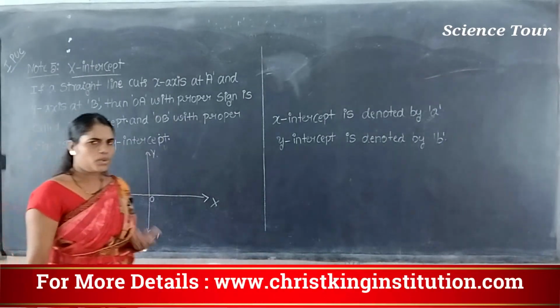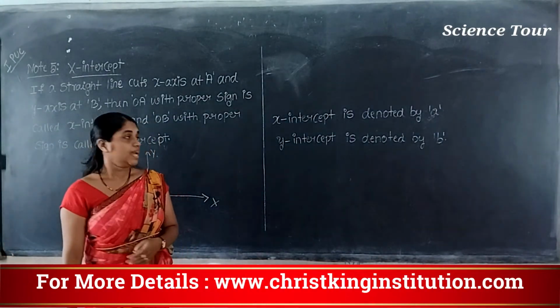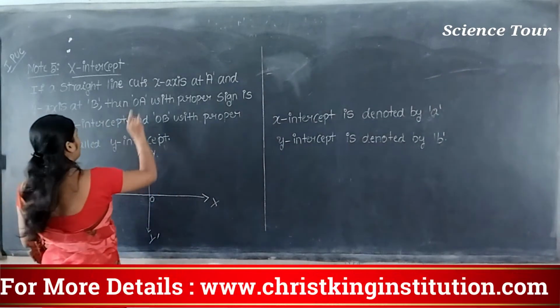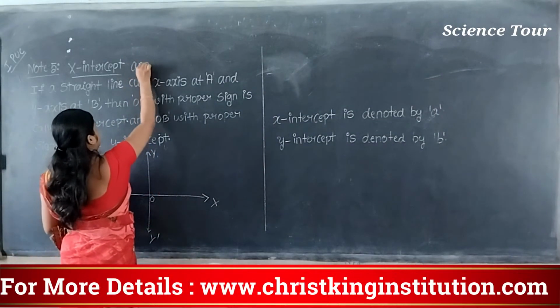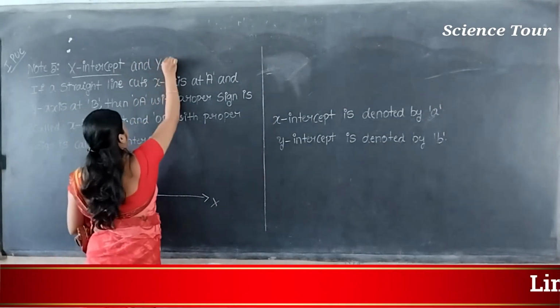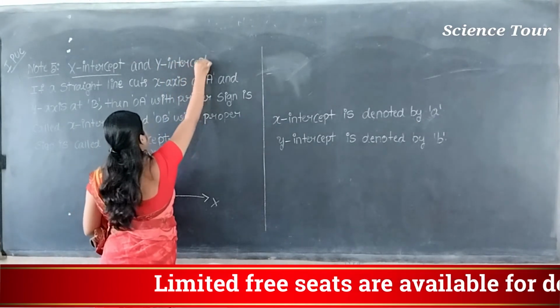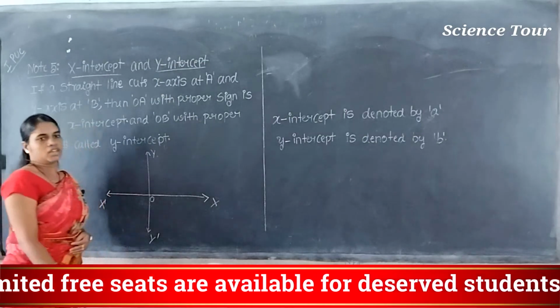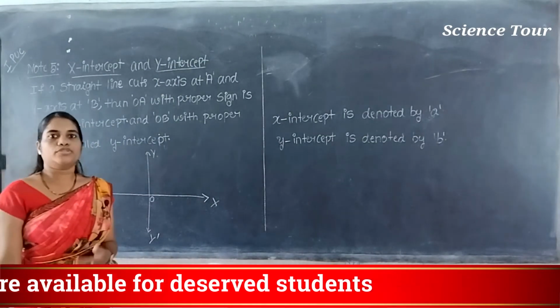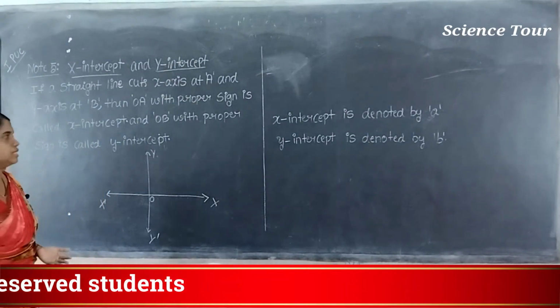So what do you mean by x-intercept, as well as one more, y-intercept? First we'll discuss these two points. What is the meaning of x-intercept and y-intercept?